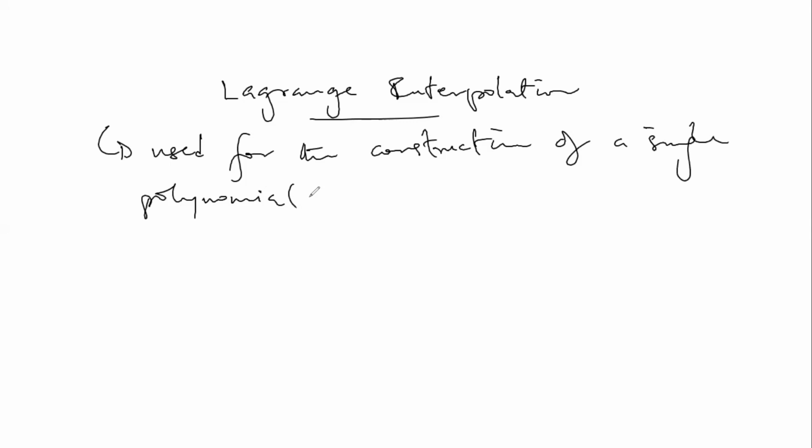And this is formulated as P of x being the polynomial, being the same as sigma i taking on values from 1 to n, which is the sum of y sub i, L sub i of x. Okay, here in this case, L sub i of x is the Lagrange polynomial, okay?